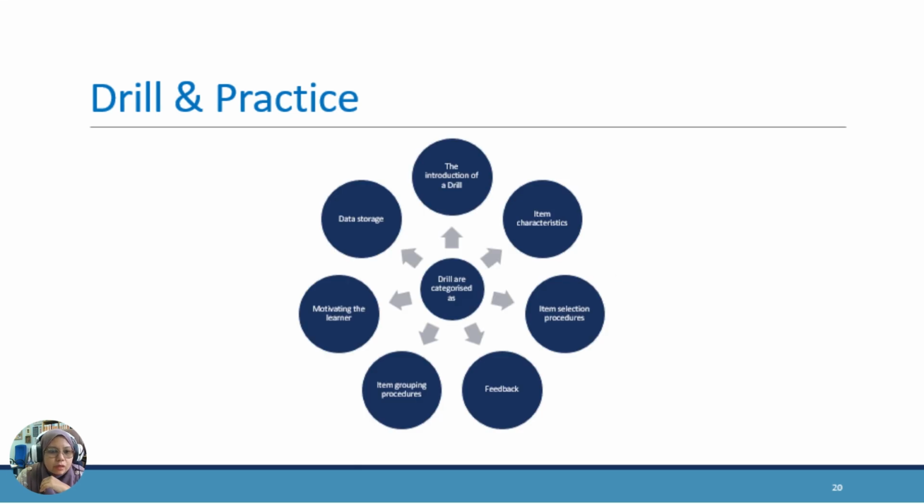Okay, so here, if I can make it bigger, can or not? If you can see here, drills are categorized as: first, the introduction of a drill, item characteristic, item selection and procedure, same as the practice, feedback, item grouping procedures, motivating the learners and data storage.